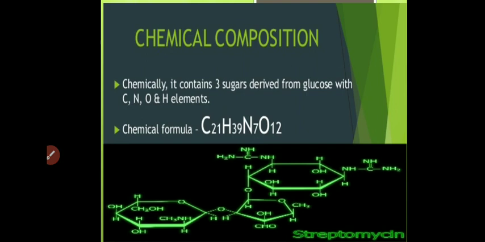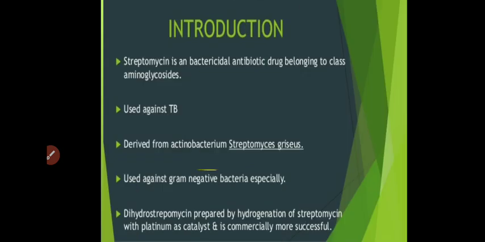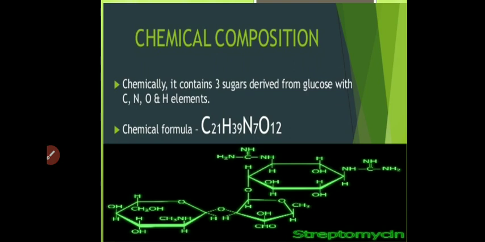The chemical formula of streptomycin is C21H39N7O12. Here you can see the three sugar molecules are present. Oxygen, hydrogen, and nitrogen are present in the structure of streptomycin.